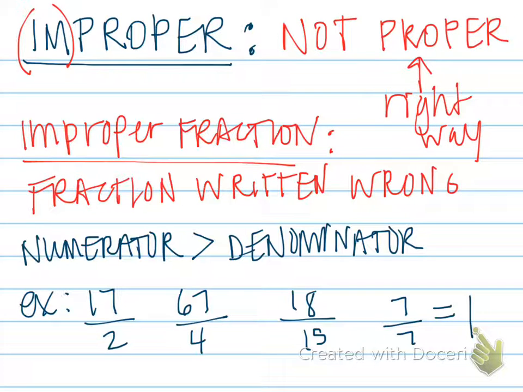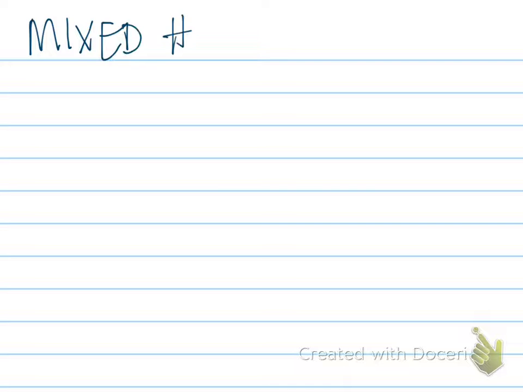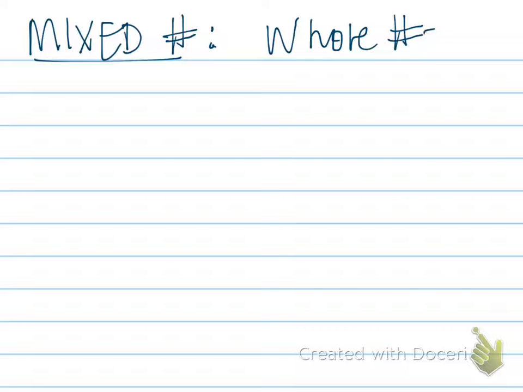Now, in order to make it a proper fraction, we're going to have to make it into a mixed number. Now, what is a mixed number? Well, a mixed number has whole numbers, and it has a fraction.